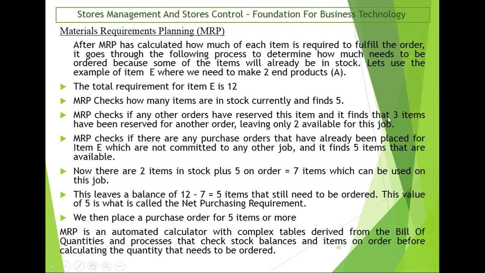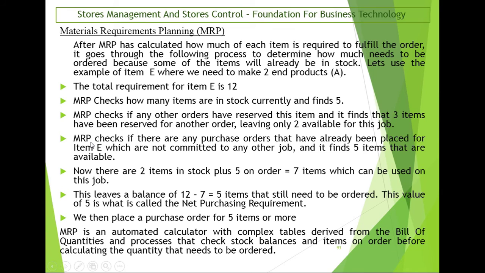Let's say it finds that 3 of these items are already booked for another job. Then in that case, it will know that there is only 2 items that are available for our order. In which case, from the 12, we now have a requirement of 10 because 2 are already in stock.